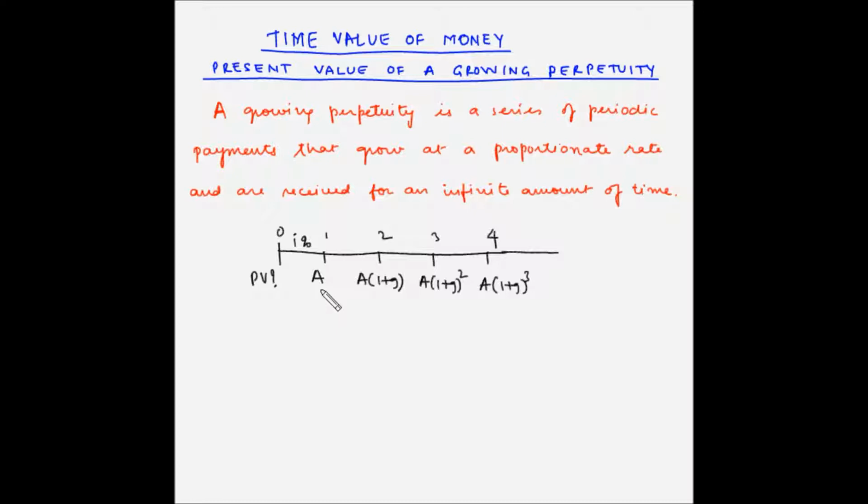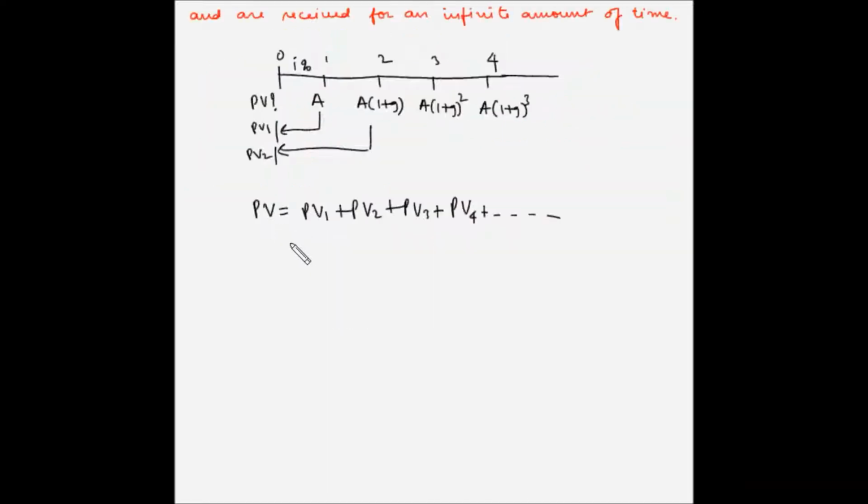So basically each of these cash flows will be discounted. Let's say this is PV1, second will be PV2, and so on. So PV will be equal to PV1 plus PV2 plus PV3 plus PV4 and so on up to infinity.